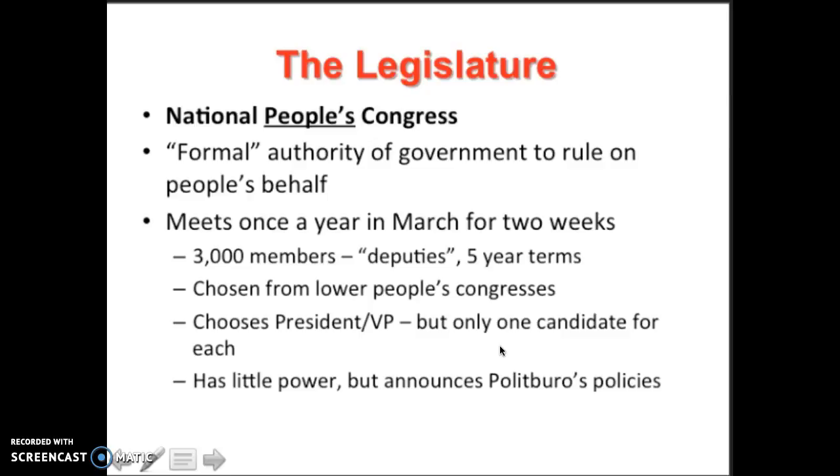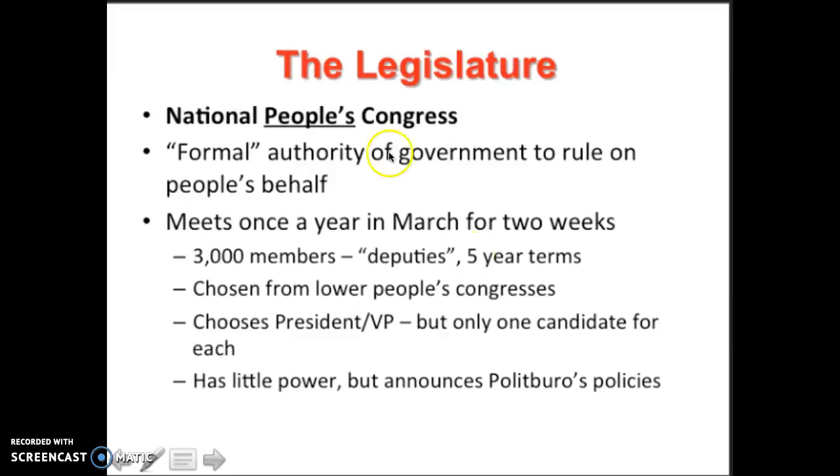So if the Politburo and the Standing Committee say, we are going to increase the Army and the military and the Navy by this much, we're going to decrease the value of our currency by this much, and they say that in 2016, in 2017 the National People's Congress is presented with this information, and they have to say, okay, and then they just make a formal announcement that it is the policy of China to increase the military, increase the Navy, and decrease the value of the currency.